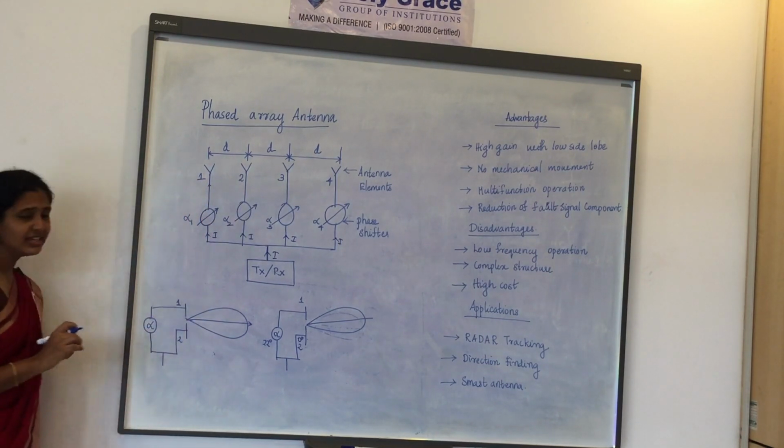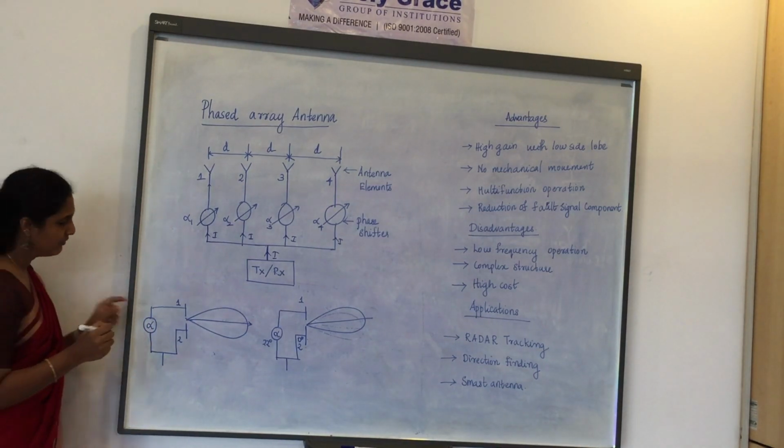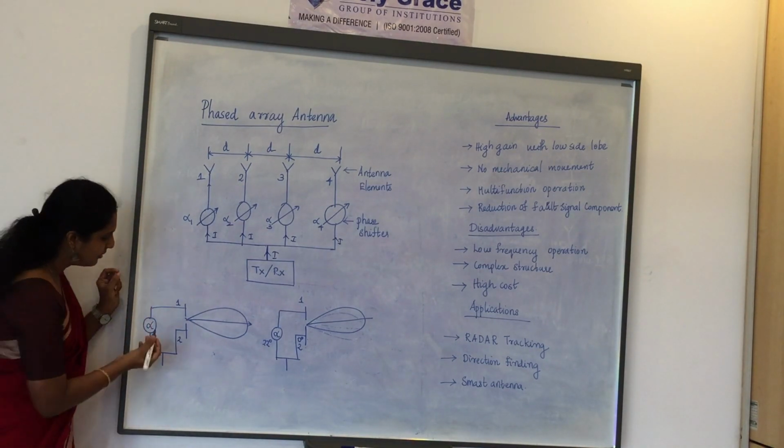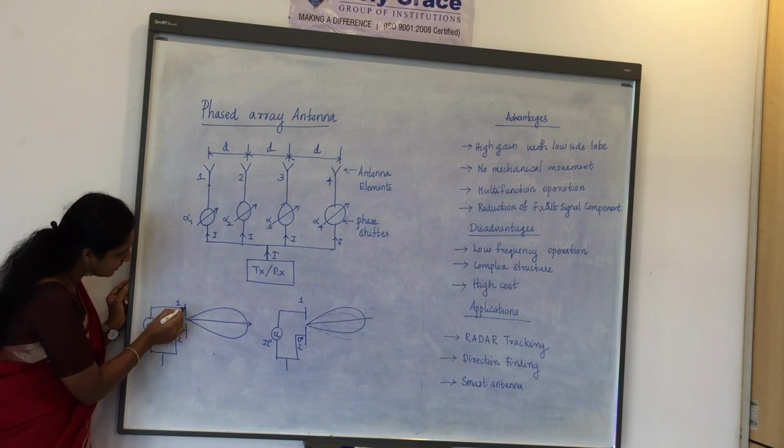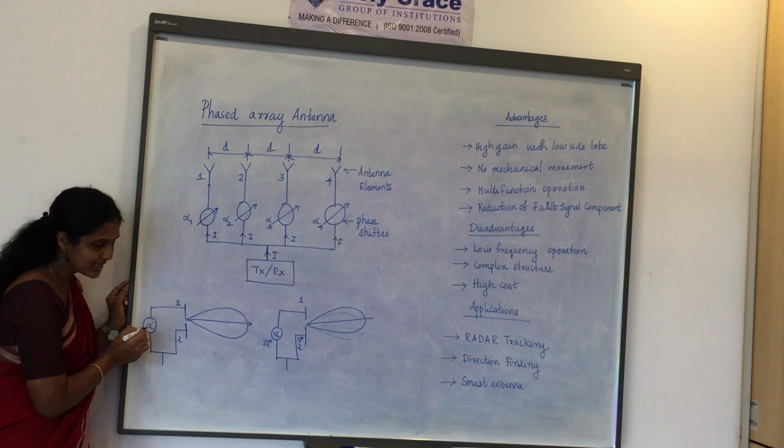For example, we are considering the simple case of two antenna elements. We are considering a small dipole antenna here. Antenna 1 is the first dipole and antenna 2 is the second dipole.